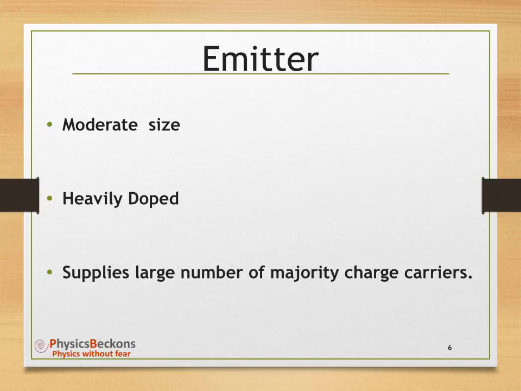The emitter has moderate size, neither very small nor very large. It is however heavily doped. It has a high impurity level and it acts as source of large number of majority charge carriers. For example, in NPN transistor, the emitter is N-type and it provides the majority charge carriers, that is the electrons.